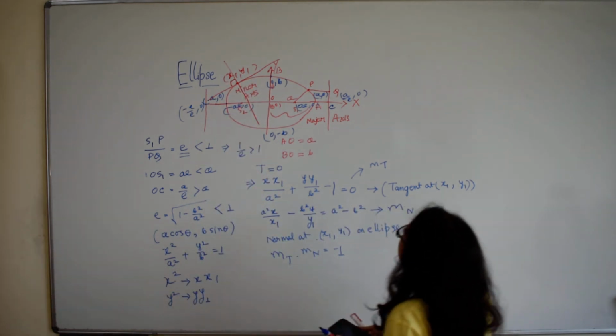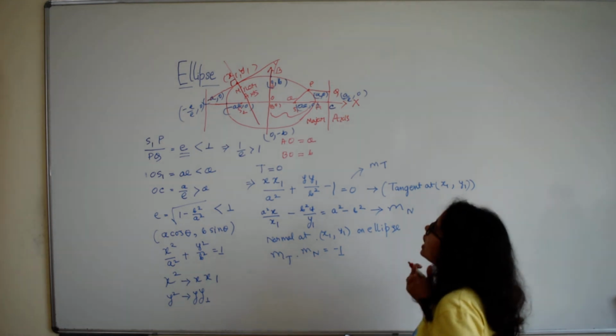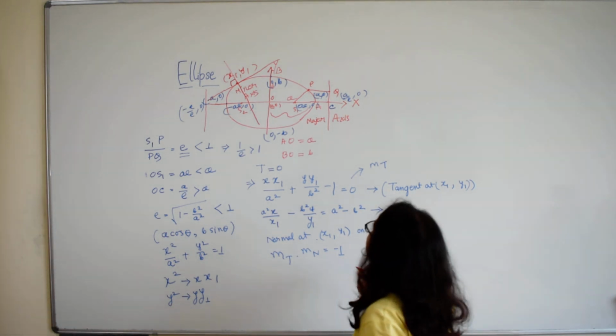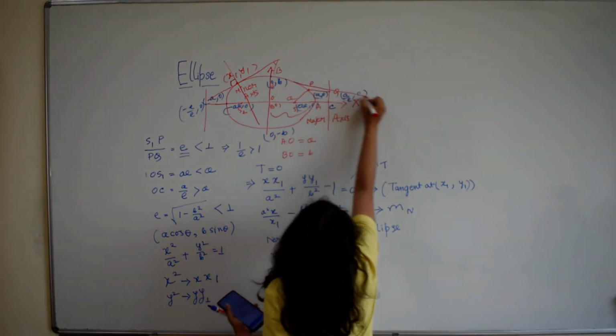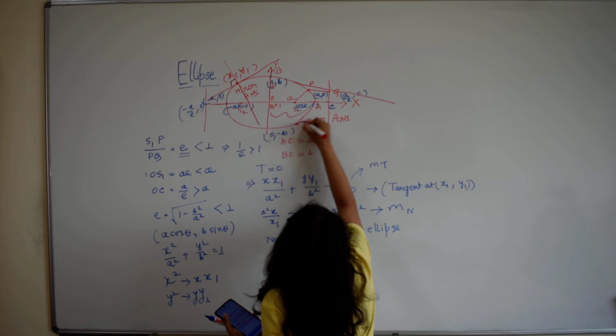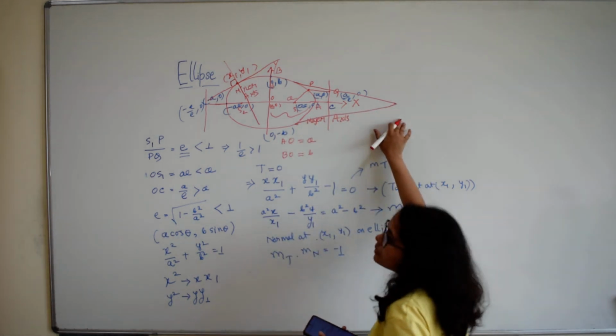Now we'll see the chord of contact of an ellipse. Similar to the concept we have already studied in circle. If we remember that, we can easily interpret it. Here, say there is a point outside of the ellipse.